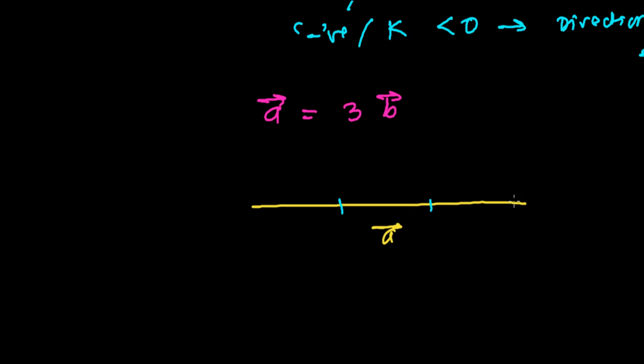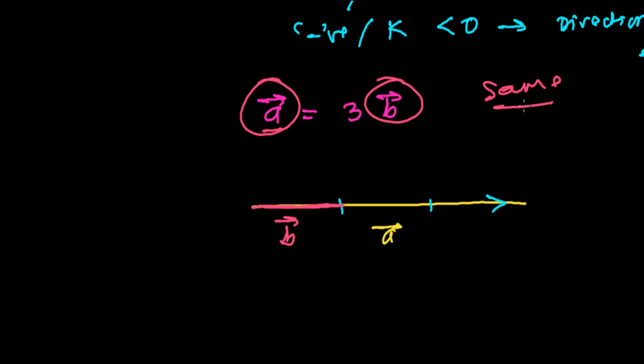Let's say vector A is in this direction. Then from here I will understand that vector B is just one portion of this. This is the vector B, and its direction is the same as the direction of A. When A is 3 times B, you should understand that the direction of A and the direction of B are the same. They are both in the same direction.